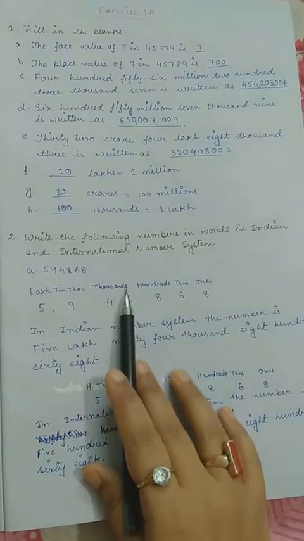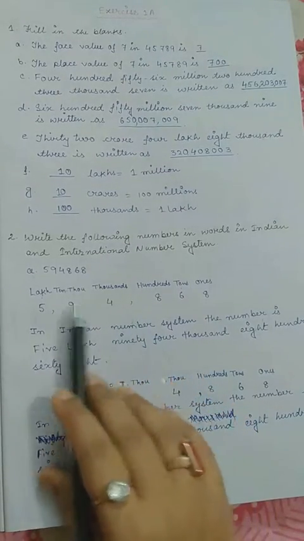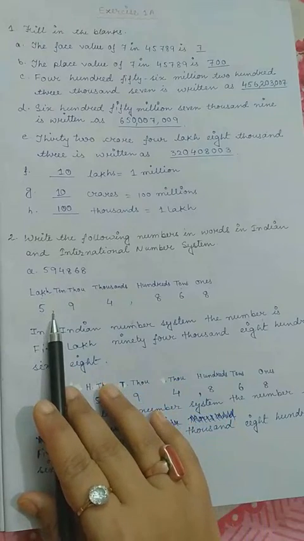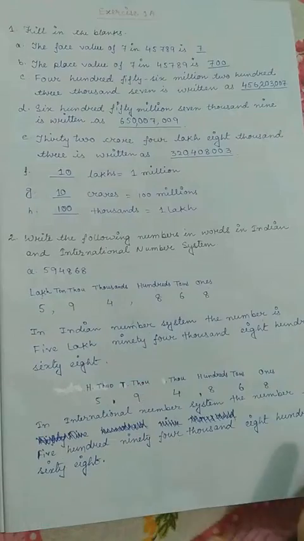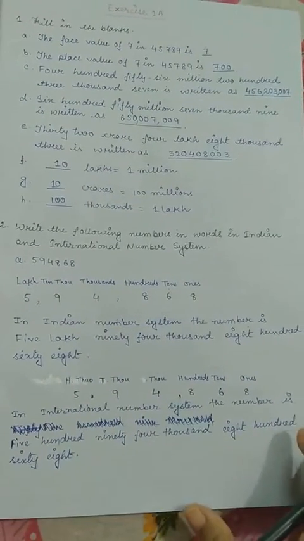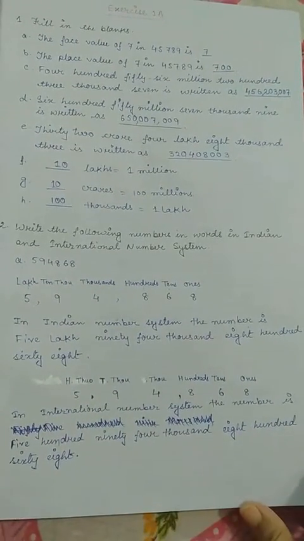After each period, you have to put a comma. So, after thousands, put a comma. After the lakh period, put a comma. Okay. So, this is in the Indian number system. And when we have to write it in the international number system, what will it be? It will be very easy.